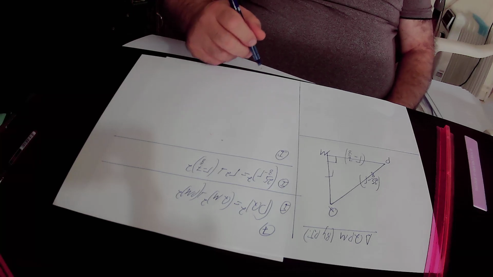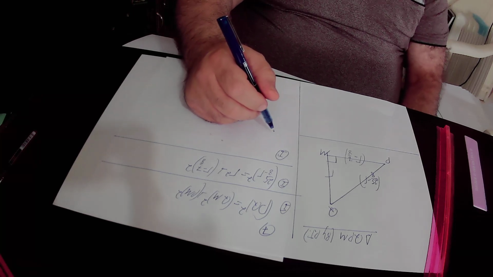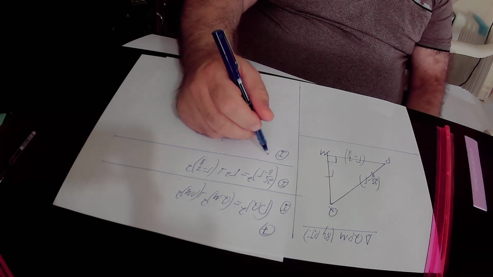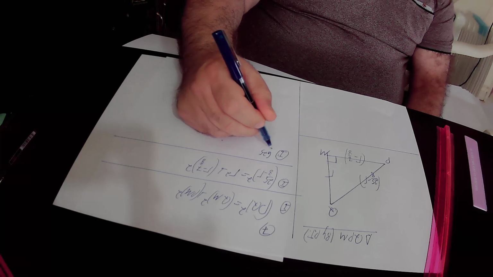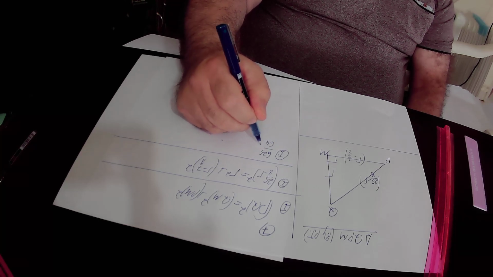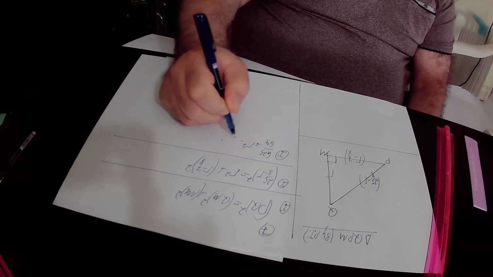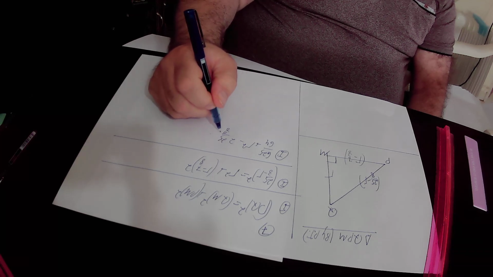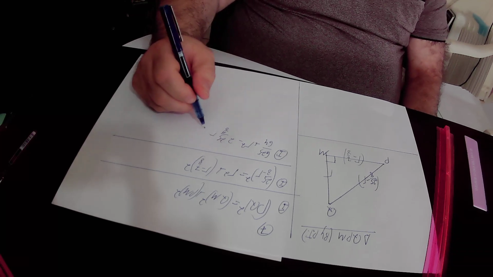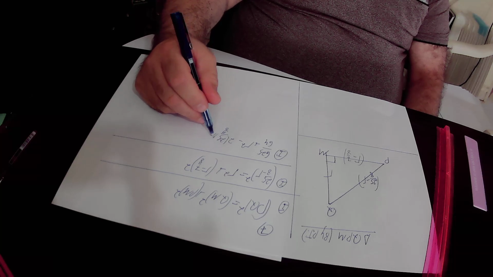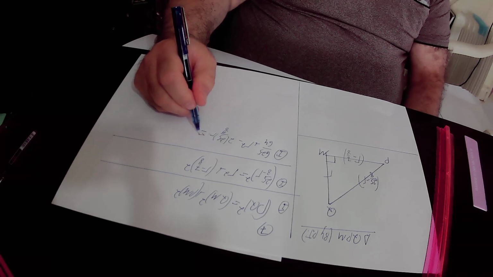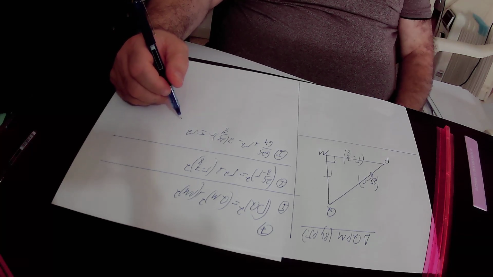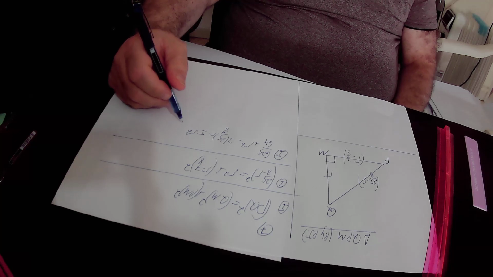So (25/8 minus r) square will be equal to (25/8) square, that is 25 square is 625 over 8 square, that is 64, plus r square minus 2 times 25/8 times r. And it is equal to r square plus (r minus 7/8) square.